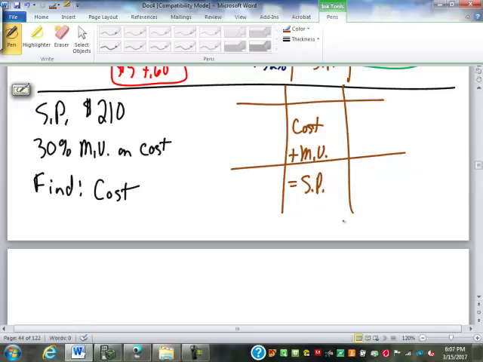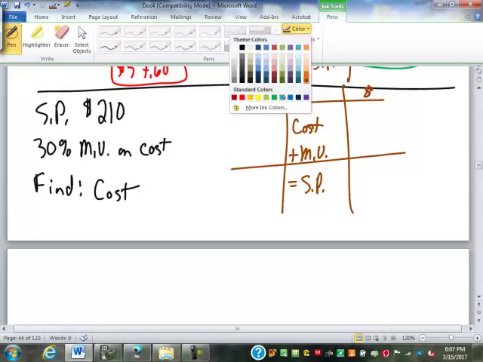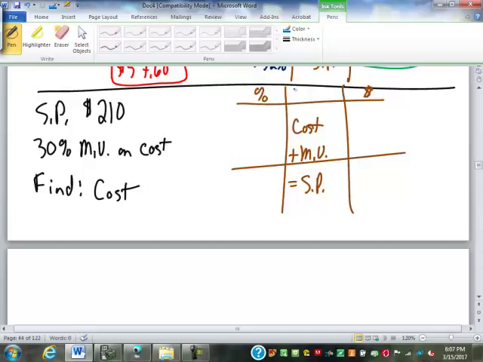Cost plus markup equals selling price. What do we know? Selling price on the bottom right. Perfect. 210 is on the dollar side with the selling price. Markup's bottom left. Perfect. Markup 30 is on the percent side of the markup. And of course, markup on cost means 100 goes with the cost.